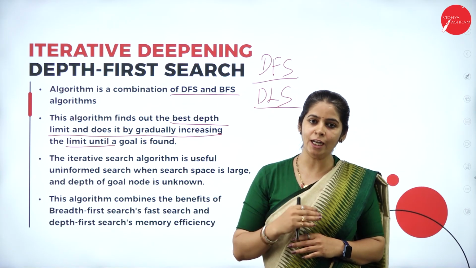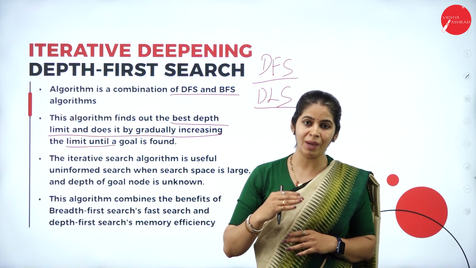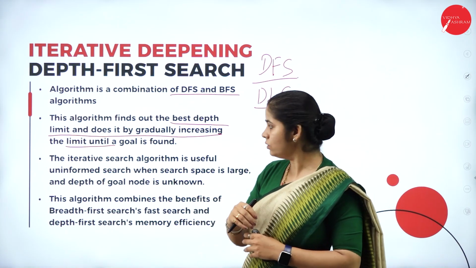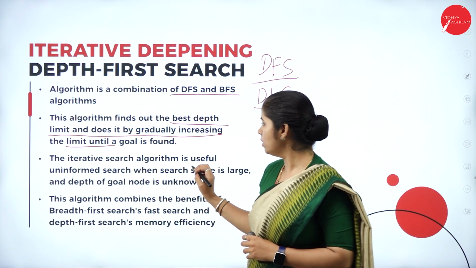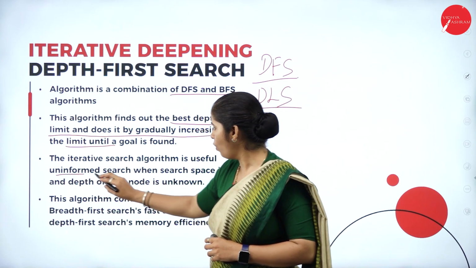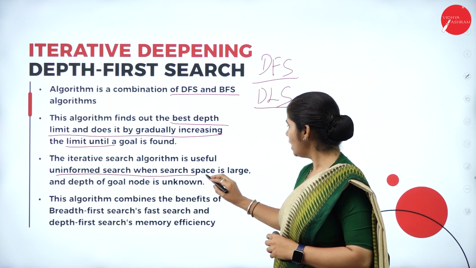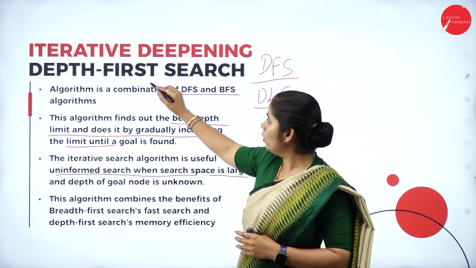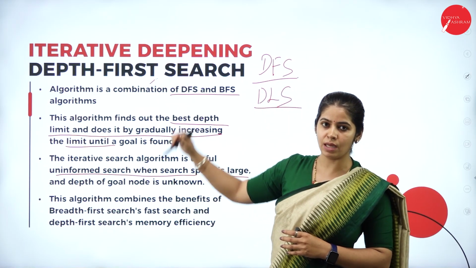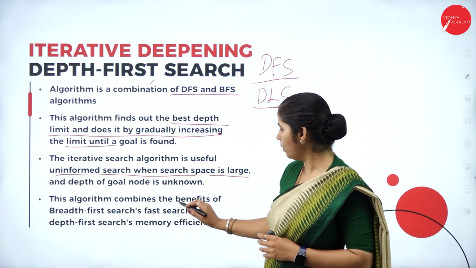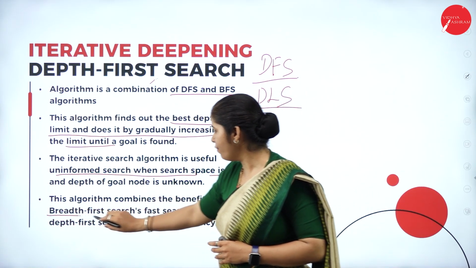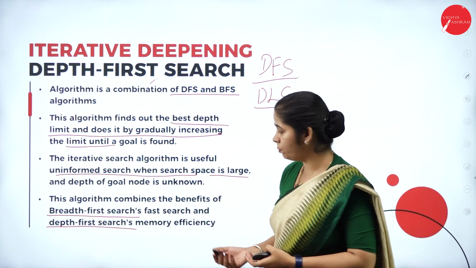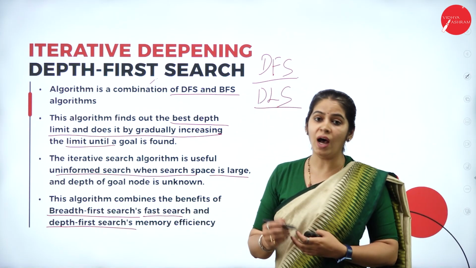If we are not finding the goal within that limit, it will gradually increase the limit of searching in the tree. The iterative deepening algorithm is useful for uninformed search when the search space is very large. This algorithm combines the benefits of BFS and also the benefits of DFS. What is the benefit of BFS? It will give fast search results.